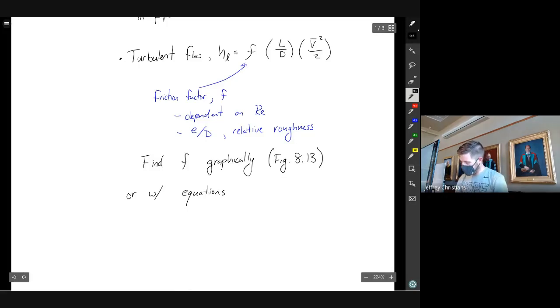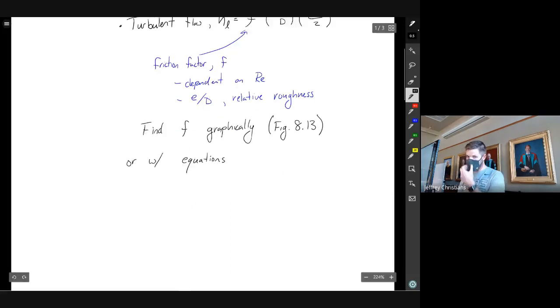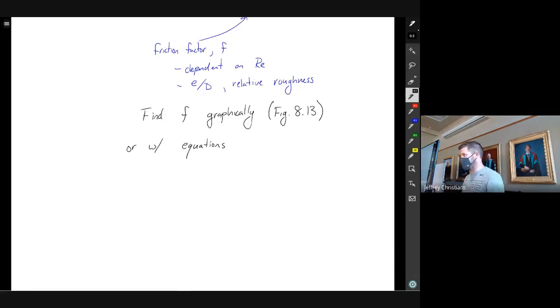Or by equations, which are just fits to experimental data. Here's one fit.